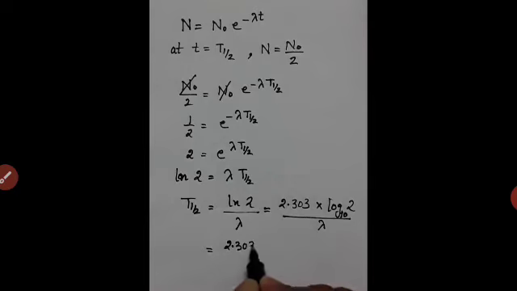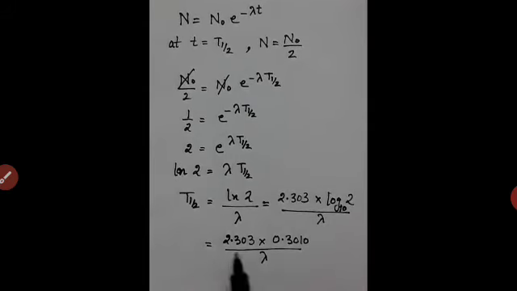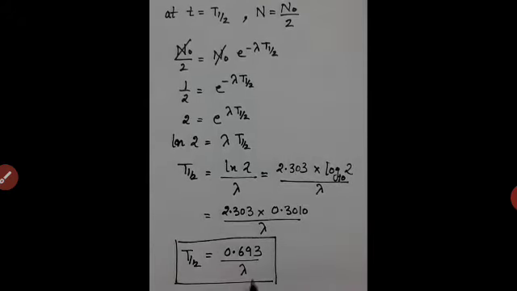This value is found to be 0.3010. Thus, we see that the numerator of the product is 0.693. So T half is 0.693 upon lambda. This is our formula for the half-life of a radioactive element.